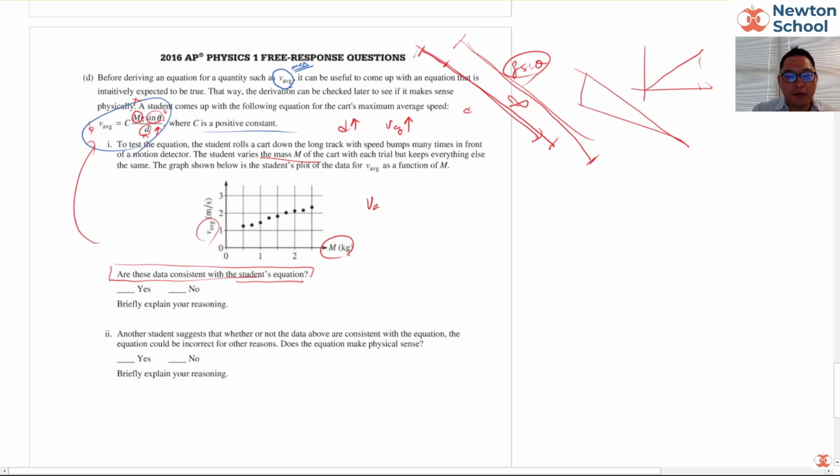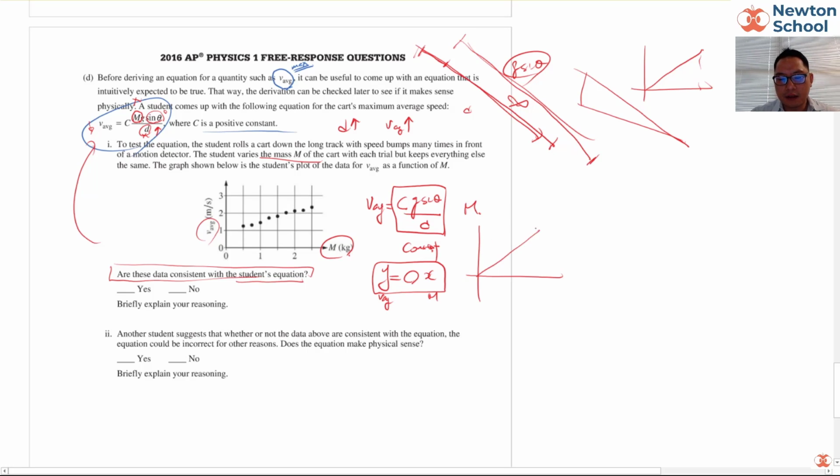So basically, the student equation was V average equals C g sine theta over D, but this is all constant. In this experiment, the only thing changed is M. So it's like a y equals mx graph, with the average speed against mass. Then you should get a graph like this, because the y-intercept has to be 0 and it has to grow linearly, right? So is it consistent?